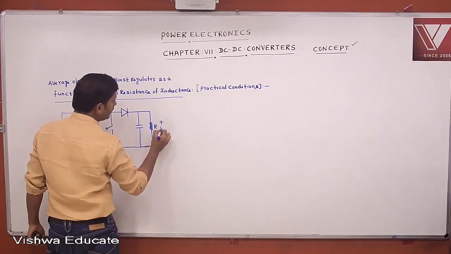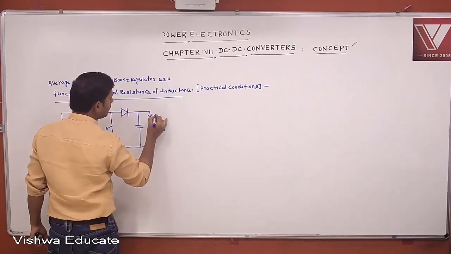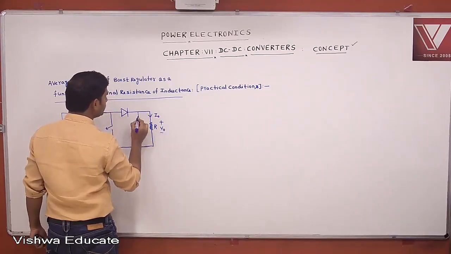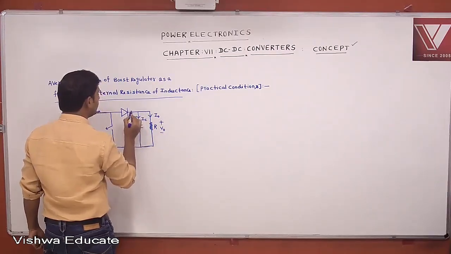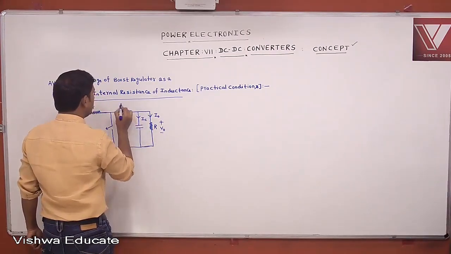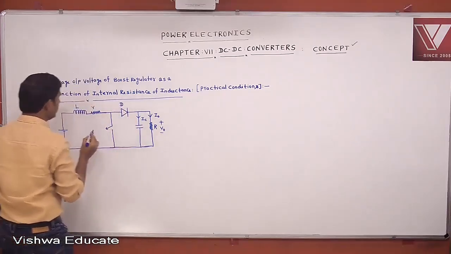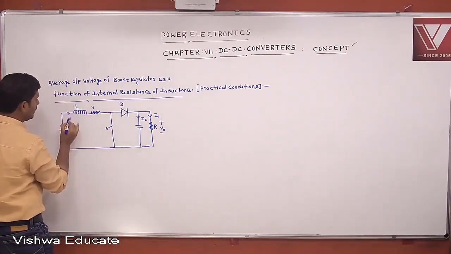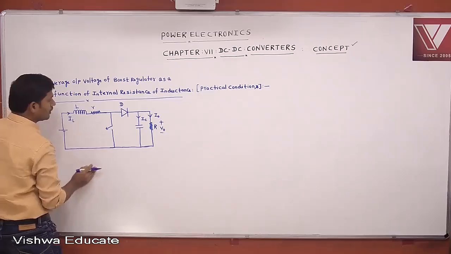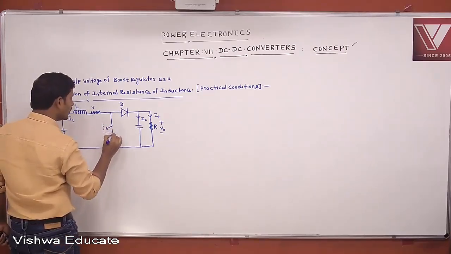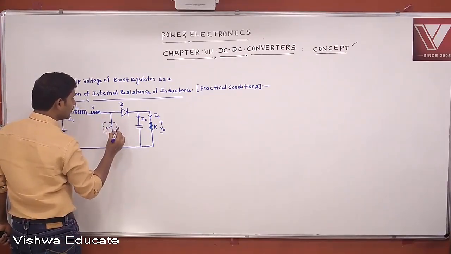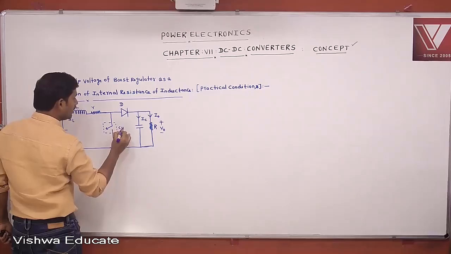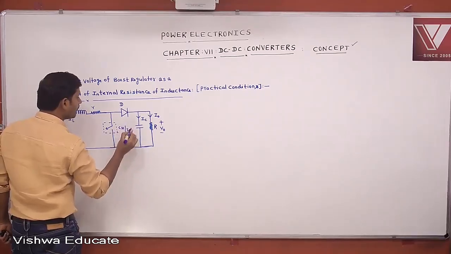Voltage across the load is V0. Current through the load is I0. Current through the capacitor is IC. Then this is the diode. Let the inductor current be IL. This is the switch or chopper; you can take either chopper or switch.